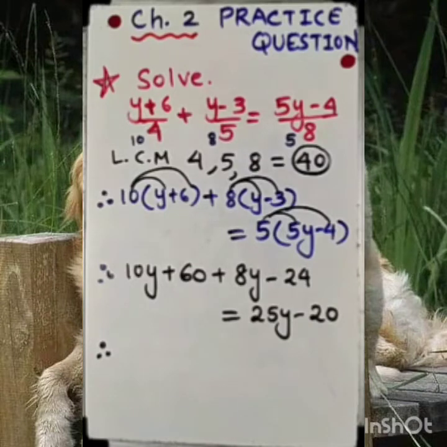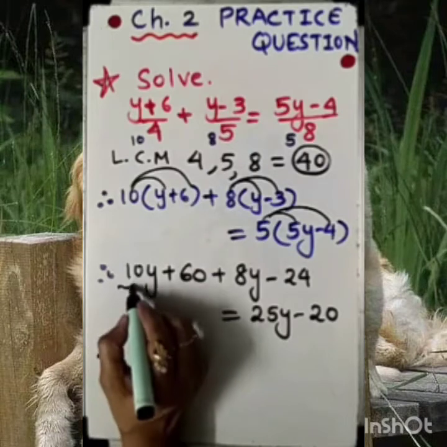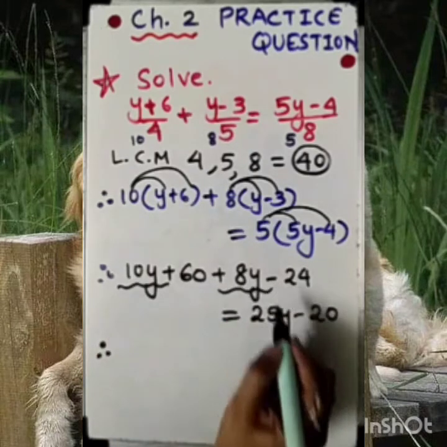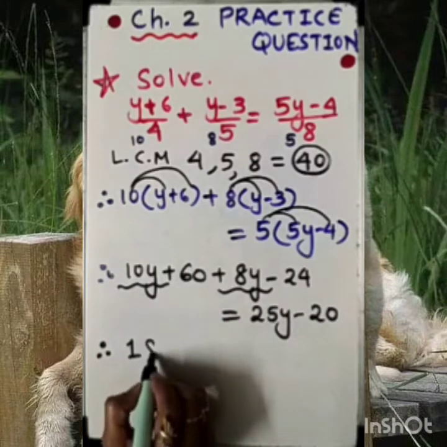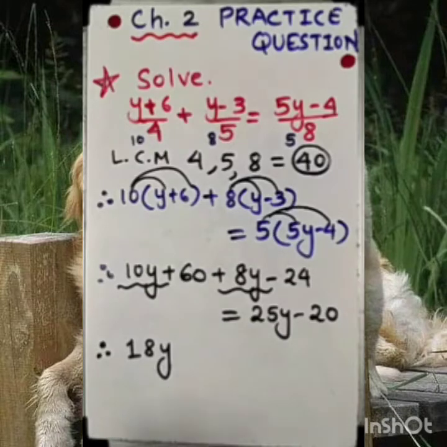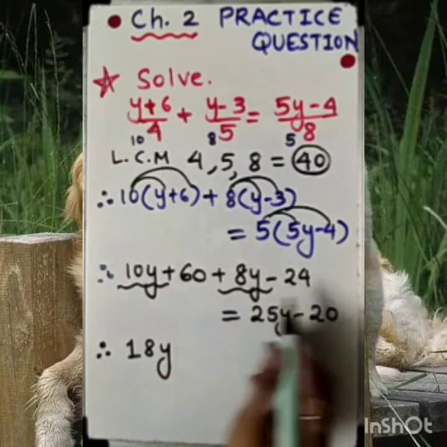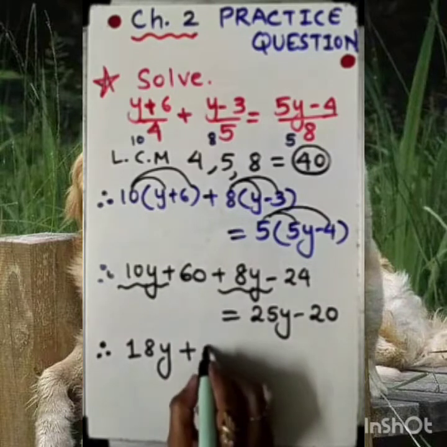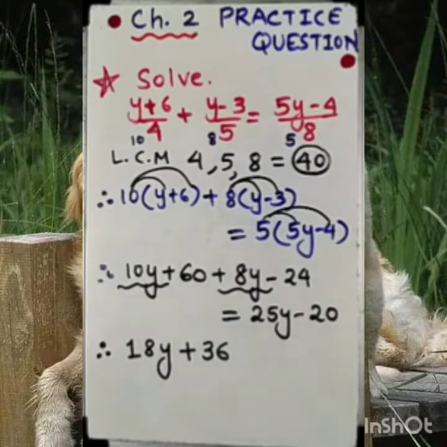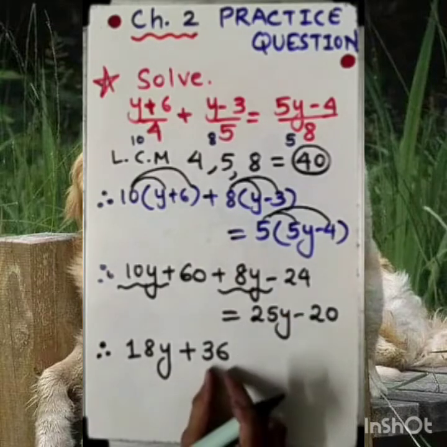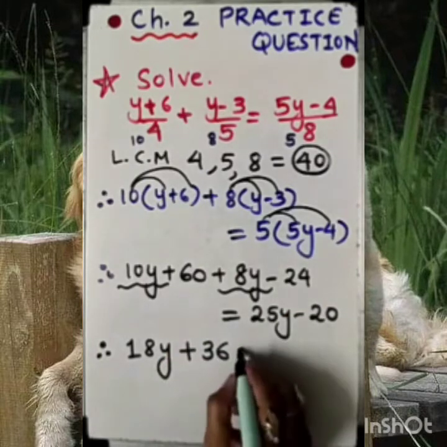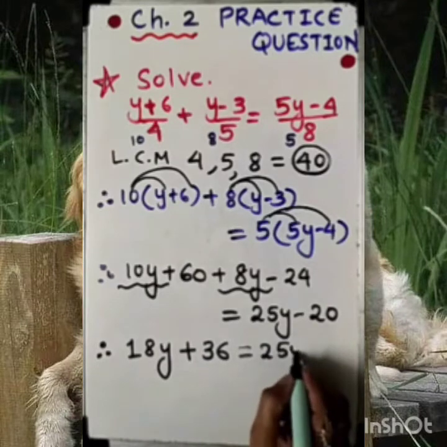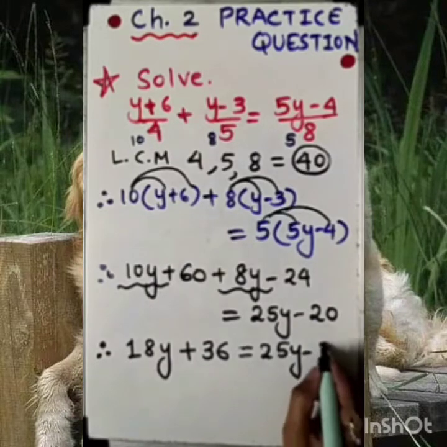Let's put the similar terms together and solve. 10y plus 8y gives 18y. Here 60 minus 24, the answer will be plus 36, because 36 plus 24 again will be 60. Same thing here, 25y as it is, and minus 20.